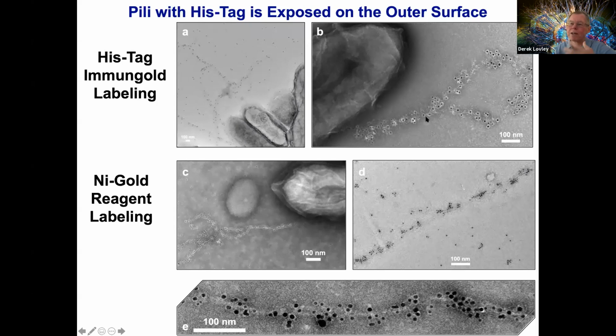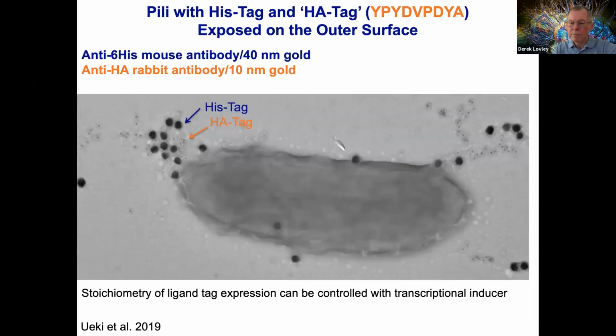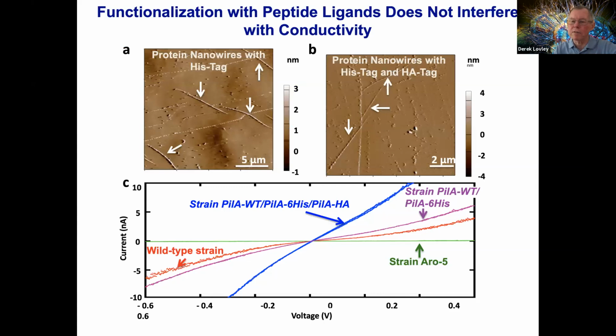So there's no evidence that under these native conditions OmcS wires are being expressed. It's not to say that they couldn't be, and you certainly find them in preparations of wires.